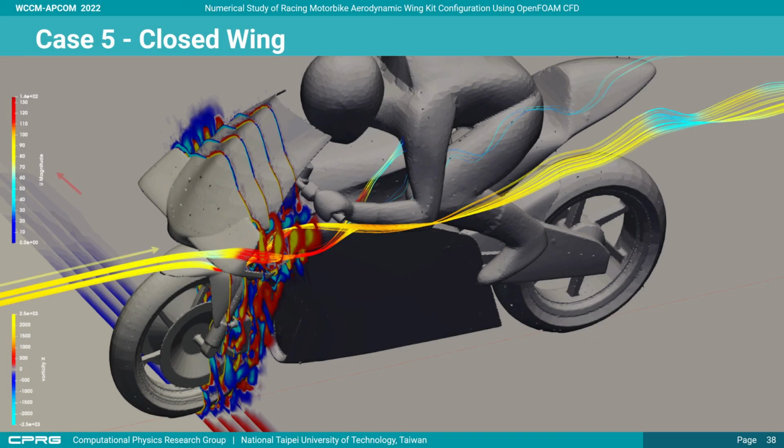The legend on the left-hand side, the upper one, the streamline shows the vorticity magnitude, while the airflow across the AWK. The lower one is vorticity in the x direction with 4 cross-sections. We could see the relation between the airflow and the vortex.